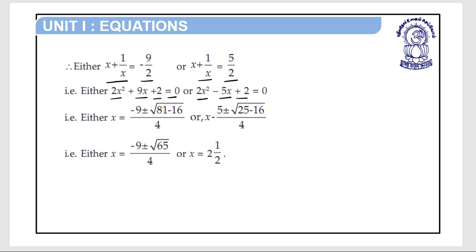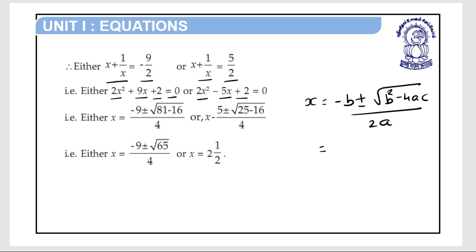So now take the roots of x. x is equal to minus b plus or minus under root b square minus 4ac upon 2a.